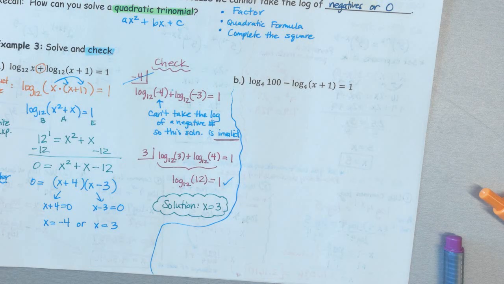Okay, so think about what your rule is. So if it's plus, we rewrote it as multiplication. If it is minus, we're going to rewrite it as what?